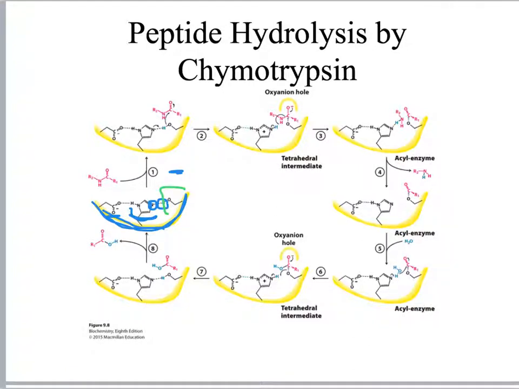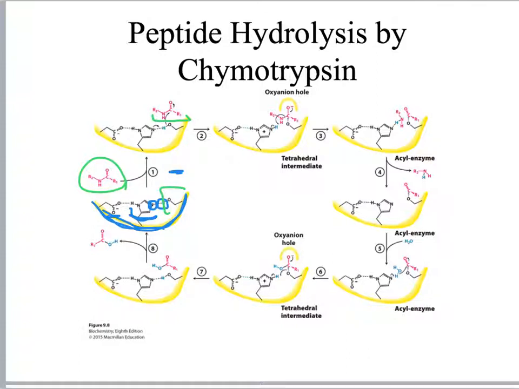And it's this residue that is going to interact with the substrate, the peptide bond we're trying to cleave. So you end up with a nucleophilic attack on the carbonyl carbon, as we're seeing here, the carbonyl carbon of what we're trying to cleave.